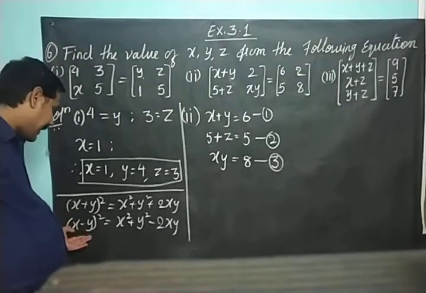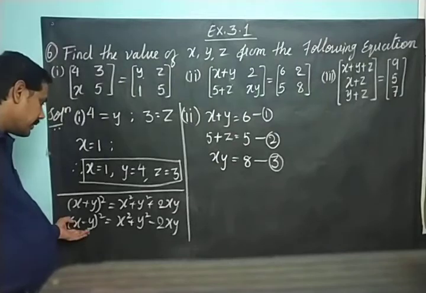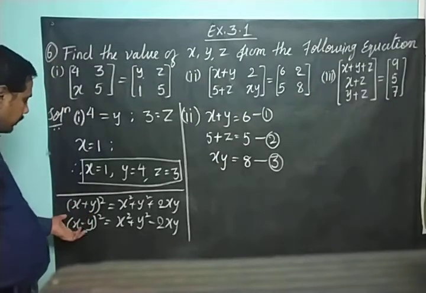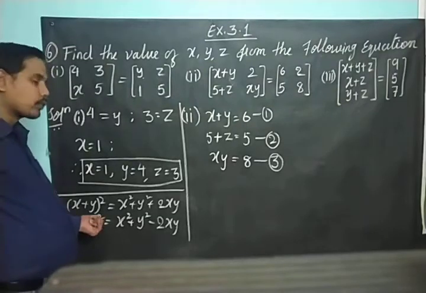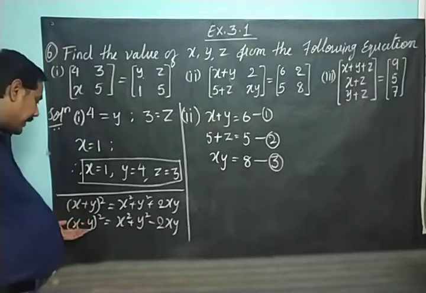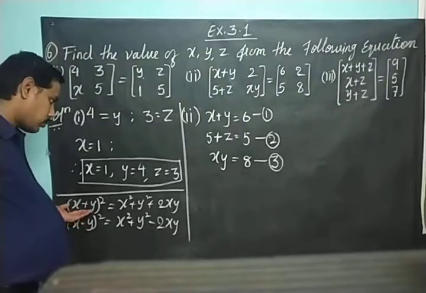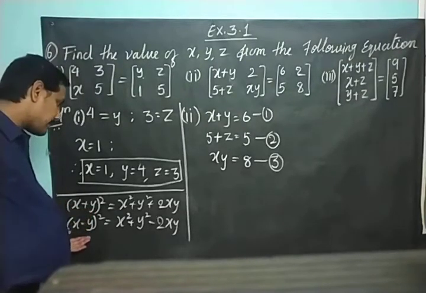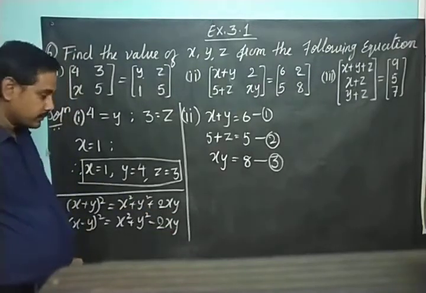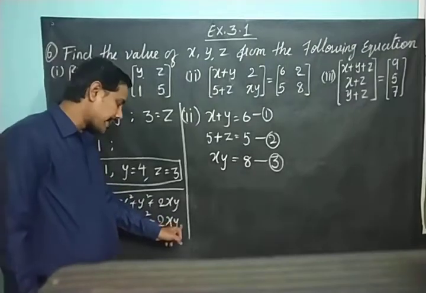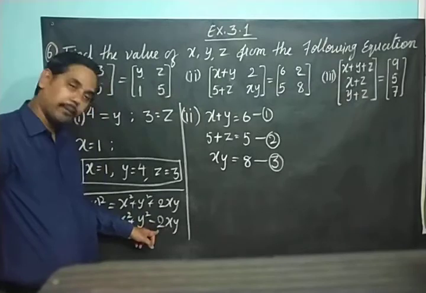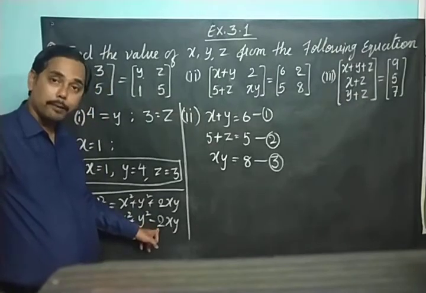So I can write x plus y the whole square in terms of x minus y the whole square plus 4xy. If I add 4xy here, what will I get? 4xy and minus 2xy cancels, what remains is plus 2xy.